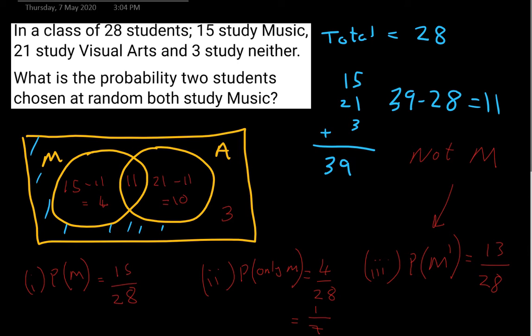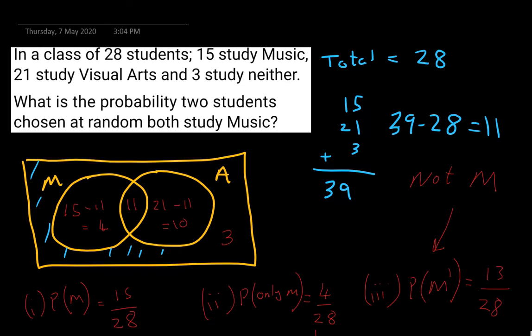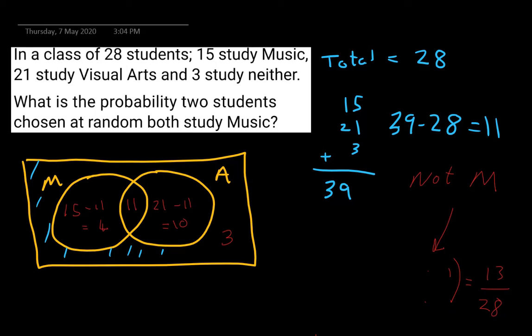Okay, so let's go back to our original question. The original question was, what is the probability that 2 students study both music?